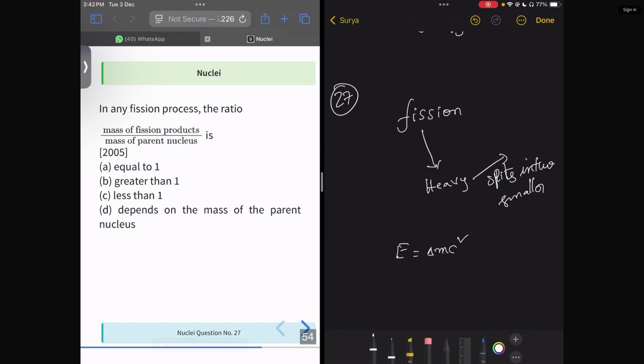The missing mass is converted into energy. So the mass of the products is less than the mass of the parent nucleus.